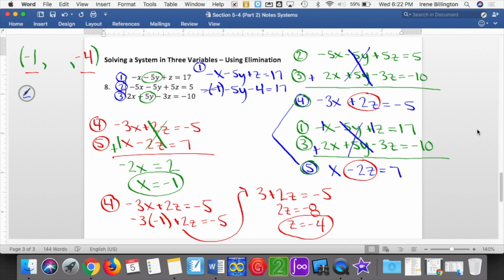The opposite of negative 1 here is just 1. So we now have negative 5y minus 3 equals 17. So negative 5y, add the 3, equals 20. And y is equal to negative 4. So our ordered triple for this system is negative 1, negative 4, and negative 4. That is the solution to this system of equations in 3 variables.